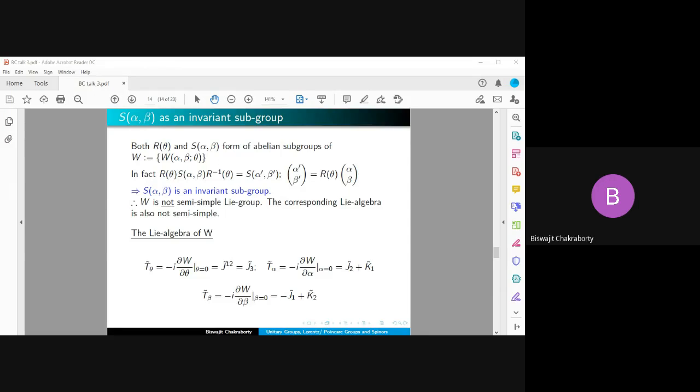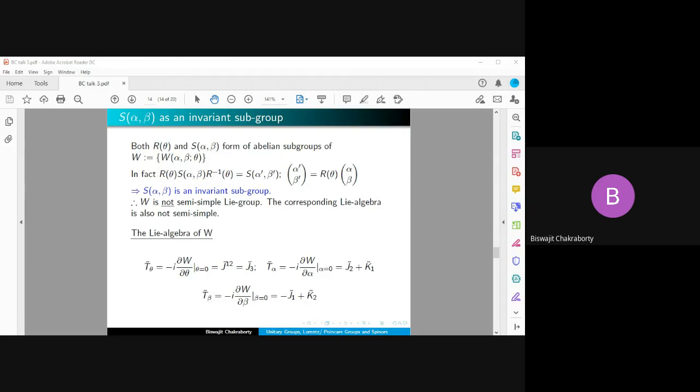This is a better way of doing it. So you can find out the generators here, denoted by tilde. I am putting tilde here because these generators in this form will give you J3 tilde, T alpha tilde will be J2 tilde plus K1 tilde, and T beta will give you minus J1 tilde plus K2 tilde.